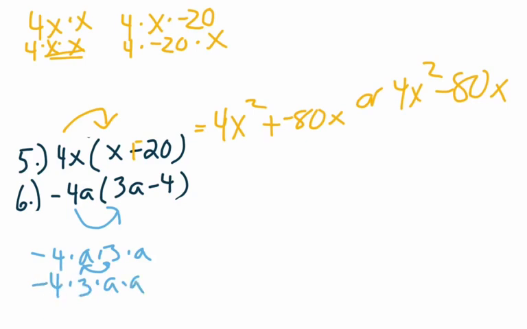Negative 4 times 3 is negative 12, and a times a is a to the second power. Then here, remember that's plus negative, so we're going to have negative 4a times negative 4. Well, a negative times a negative is going to give me a positive, and then 4 times 4 is 16, and then we have the a there.